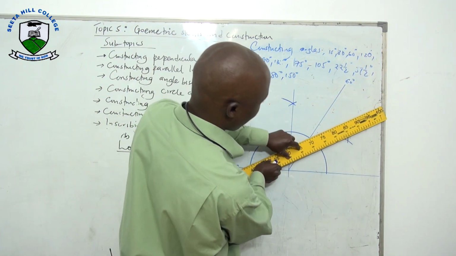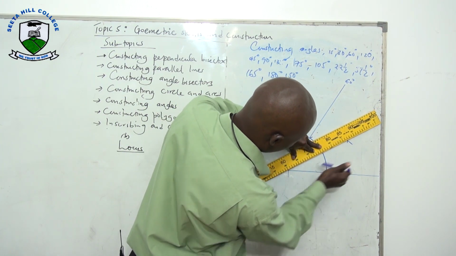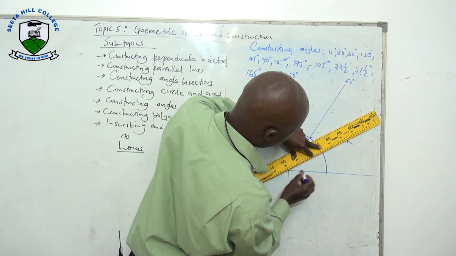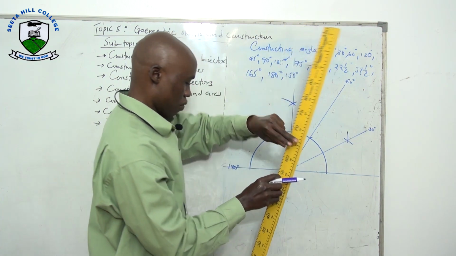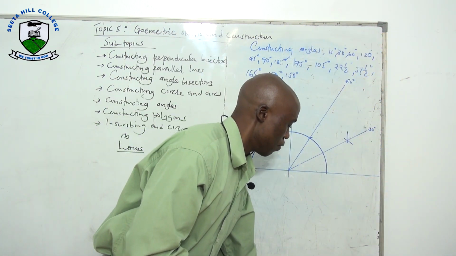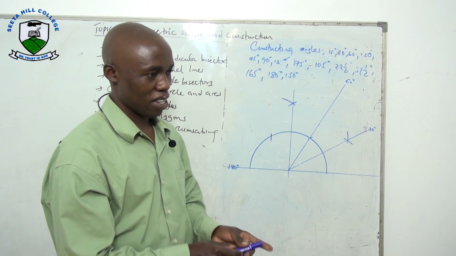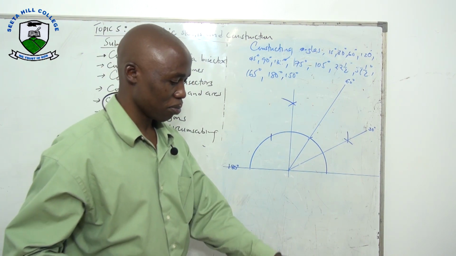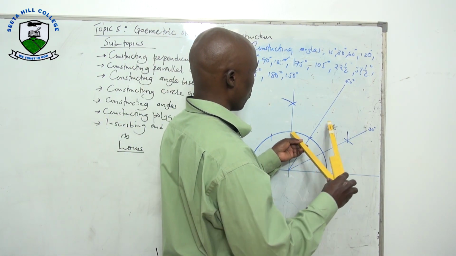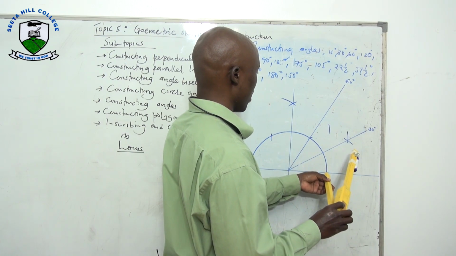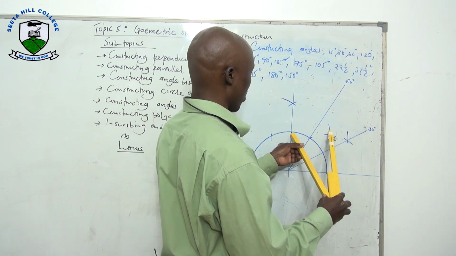That means I've got this one as what? You're saying this one is 30. Sorry. Then 45. How do I achieve 45? I stand where? I stand here to divide this 90. Not so.